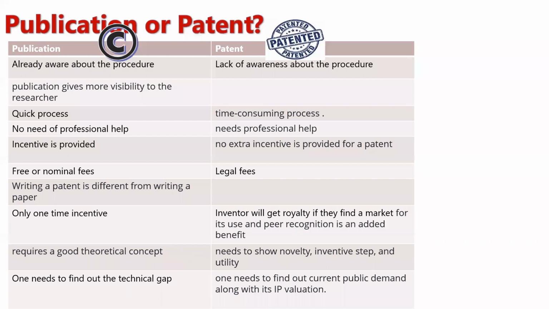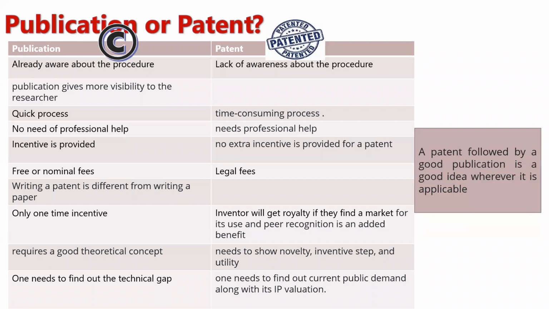So all these things show that if you have an idea or any research work, and it can be converted into a product, you can judge whether it will help you or not. If you are planning to file the patent or to publish it, it is also possible to do both.